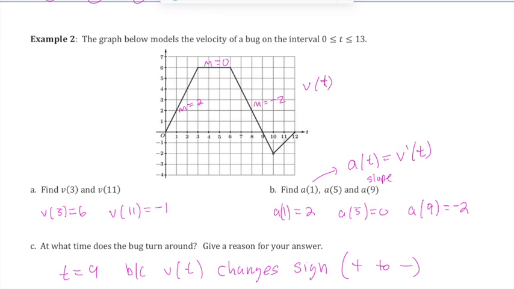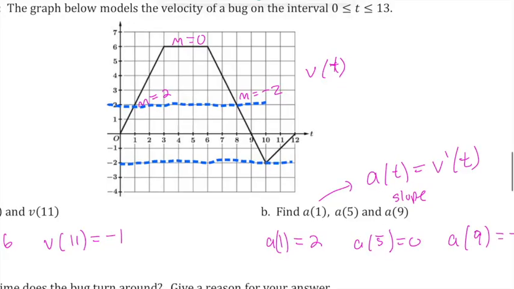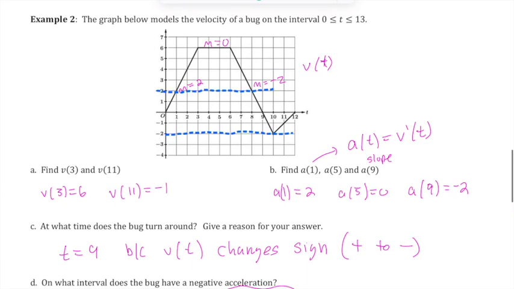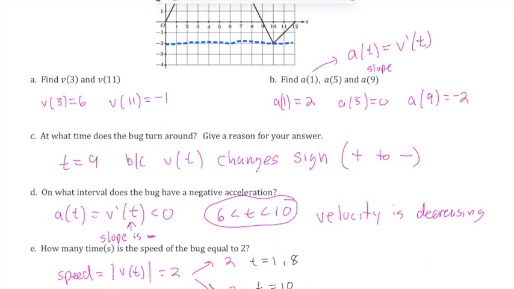So if we come over here and look at our graph at -2, it looks like that is at time equals 10. And then positive 2 is at 1 and 8. So that is 3 times.